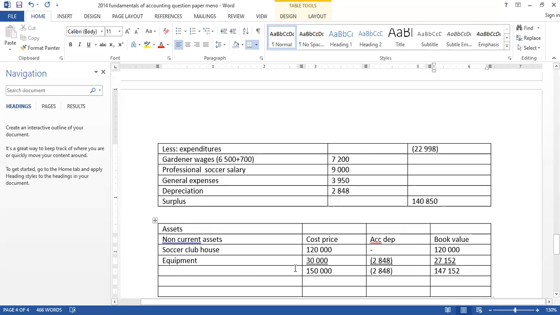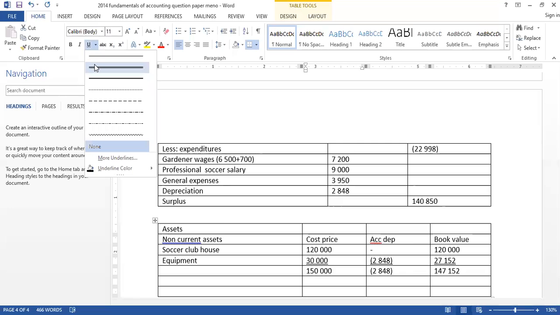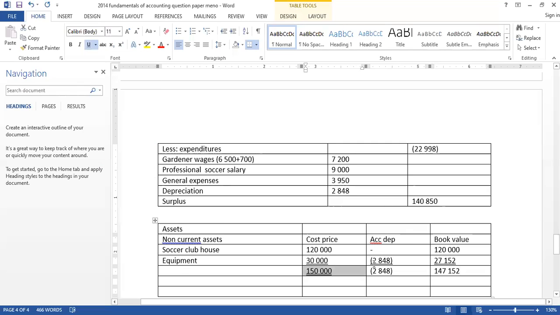And then we said that the cost price and the accumulated depreciation columns end here. They end at non-current assets, and therefore we should draw double lines to show that there are no calculations after. These are the final amounts, because fixed assets are the only ones that depreciate.